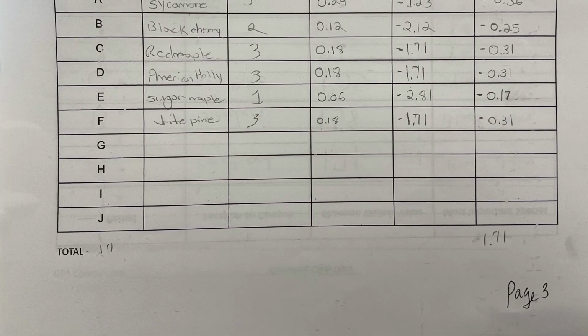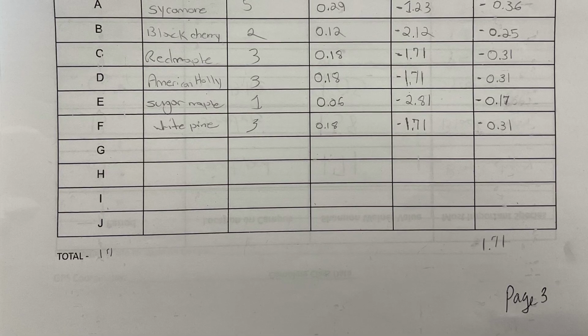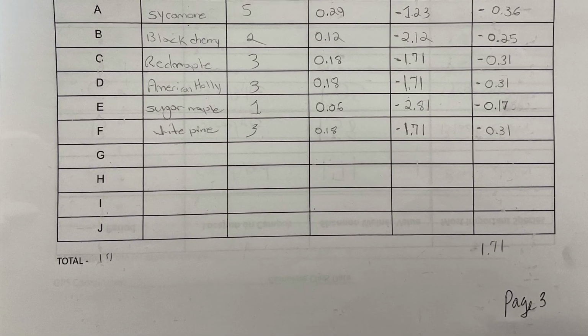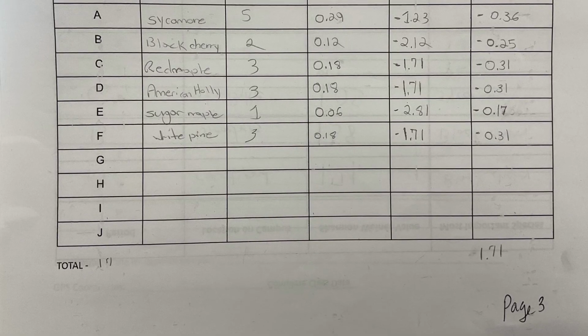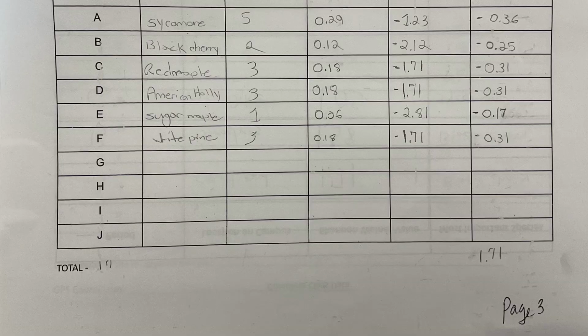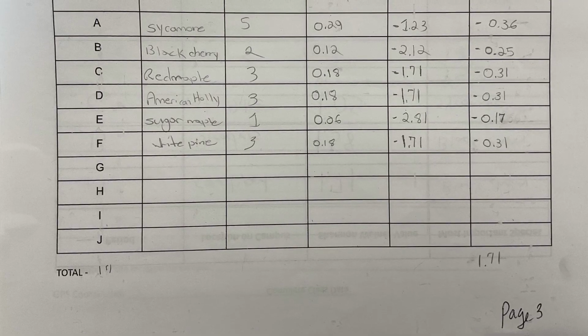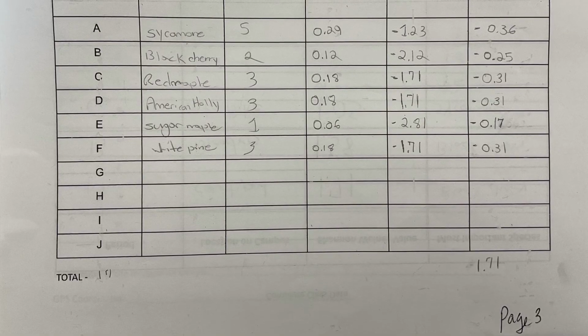If you're using a calculator, you will click LN, and then you put the pi number in and see what it gets you. Your answer will always be negative when you do that. For example, for sycamore, we do LN 0.29 on the calculator, click enter, and it gives you negative 1.23. You do that for the following five.